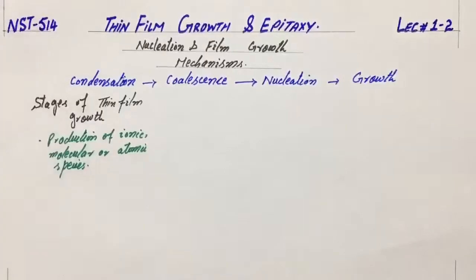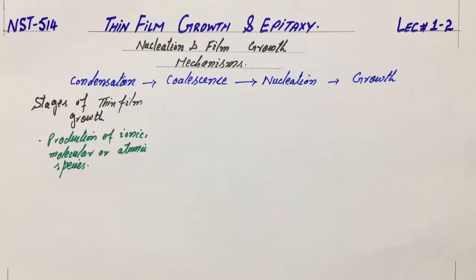So this production of ionic, molecular, or atomic species is basically concerned with the particles before the deposition on the substrate, and these are concerned with thermodynamics, which contains the state variables, laws of thermodynamics, Gibbs free energy specifically, along with the temperature, pressure, and volume variations.